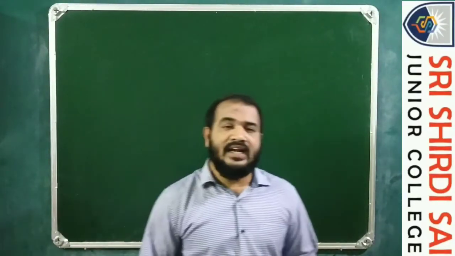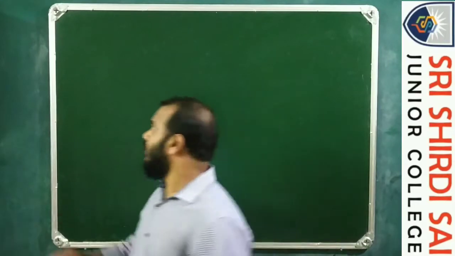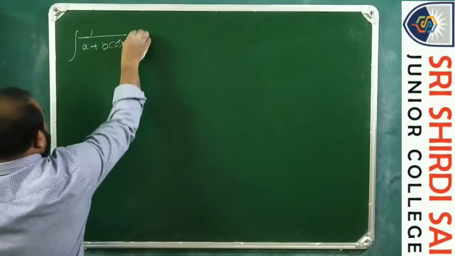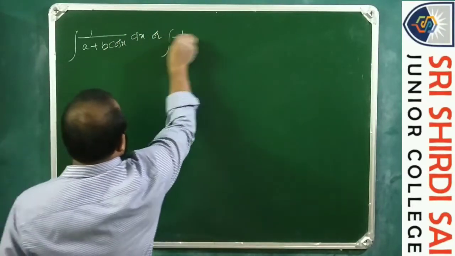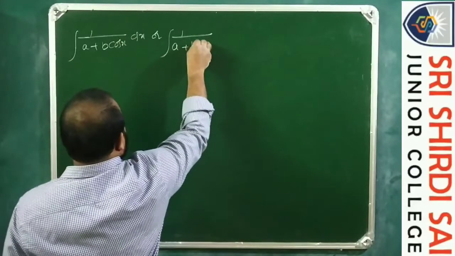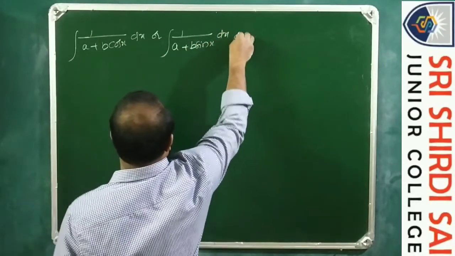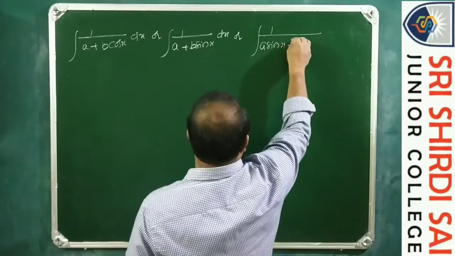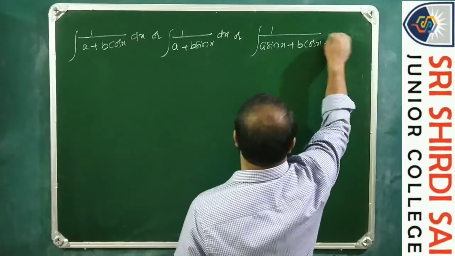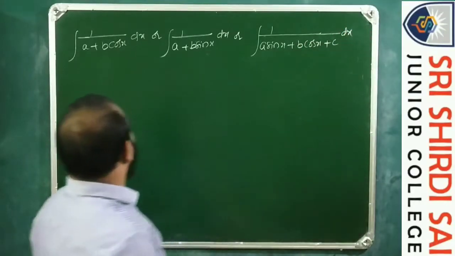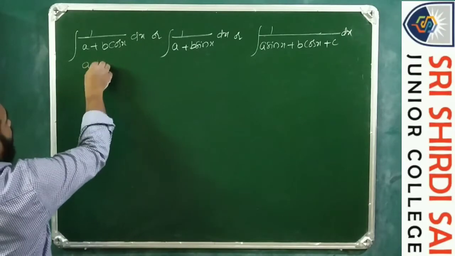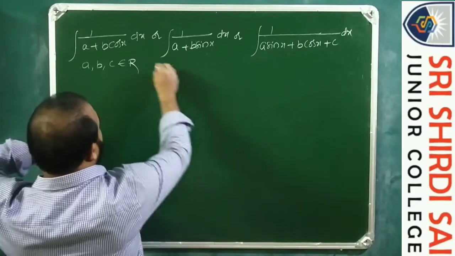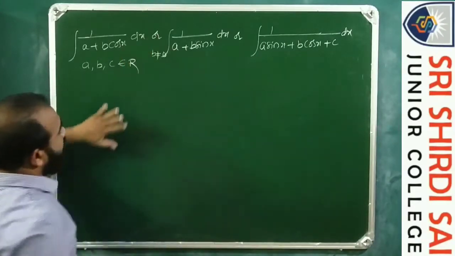Now let us evaluate the integral which is of the form integral 1 by a plus b cos x dx, or 1 by a plus b sin x dx, or 1 by a sin x plus b cos x plus c dx, where a, b, c belong to R, and b is not equal to 0.